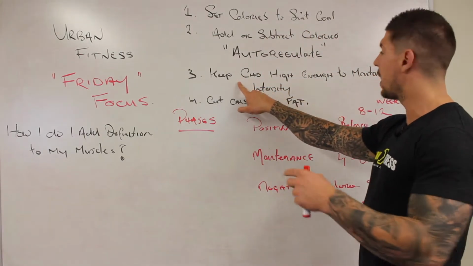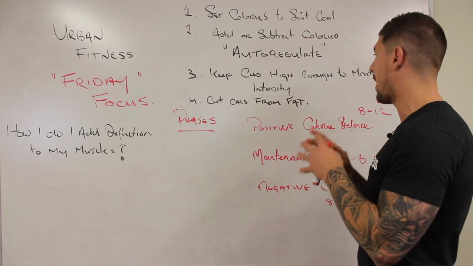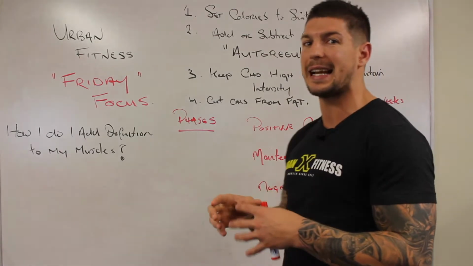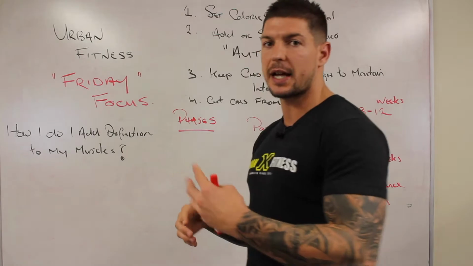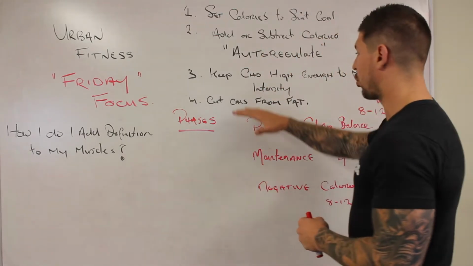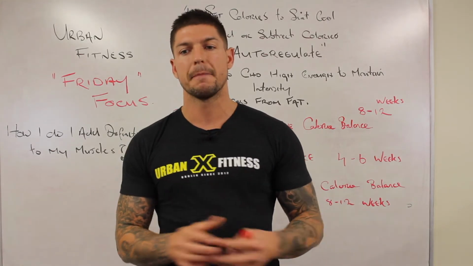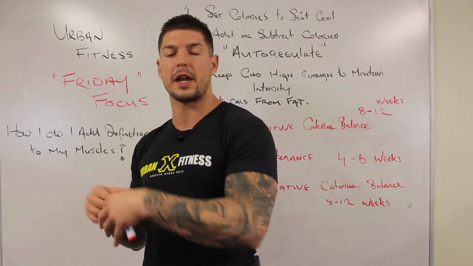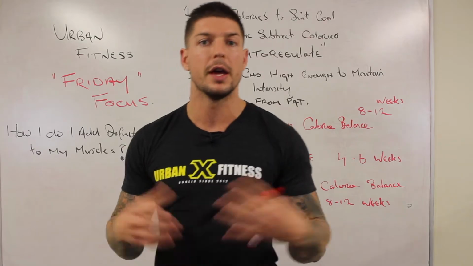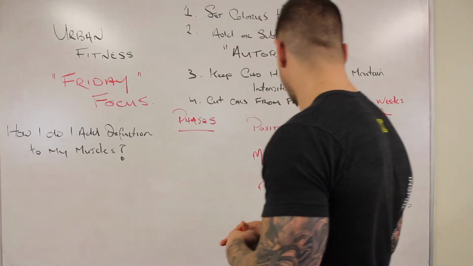I just covered that as well. Keep carbohydrates at a high enough amount to maintain the intensity of your training and to keep the standard of your training at a high level, and then cut your calories from fat. So generally once you've set your protein and your carb intakes, you'll either add or subtract calories from your diet by way of fats is the easiest way to do it.